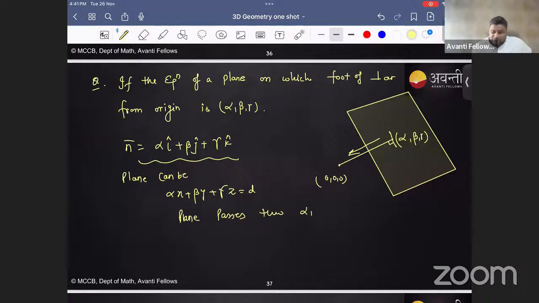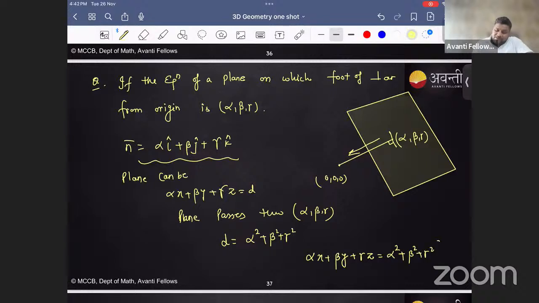So you get d as alpha square plus beta square plus gamma square. So the equation of the plane is alpha x plus beta y plus gamma z equals alpha square plus beta square plus gamma square. Am I clear?